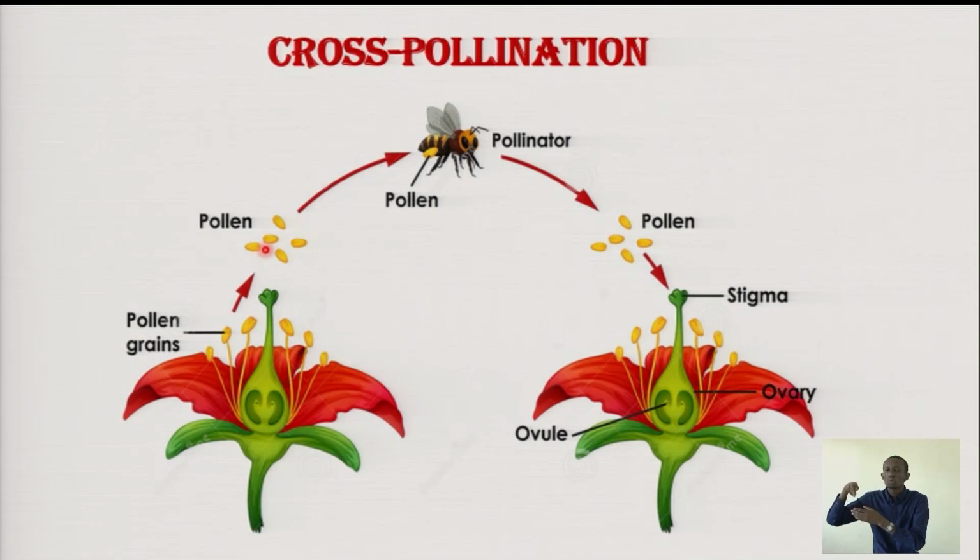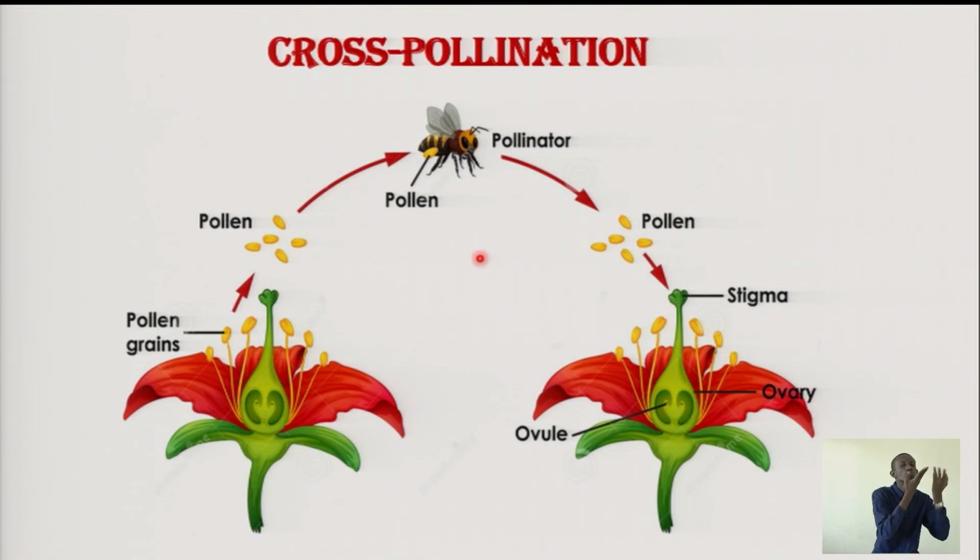And then the pollen grains, you see, they have been produced. And then they are going to be transferred by the bee. You see, this is the bee. It has the pollen grains which are stuck on its legs and abdomen. And then they are going to be transferred to the stigma of another flower.